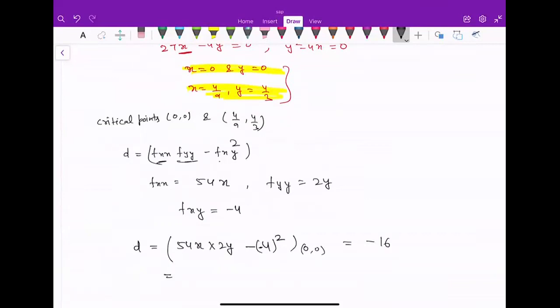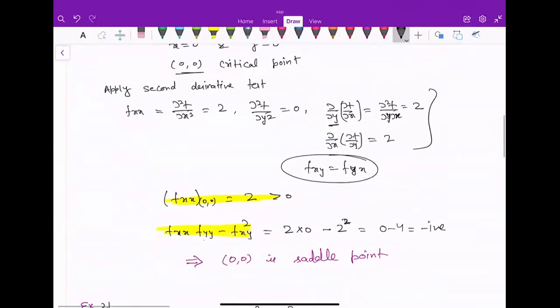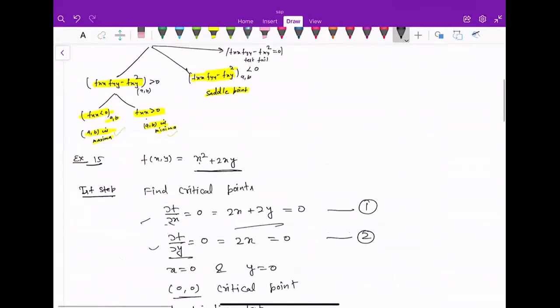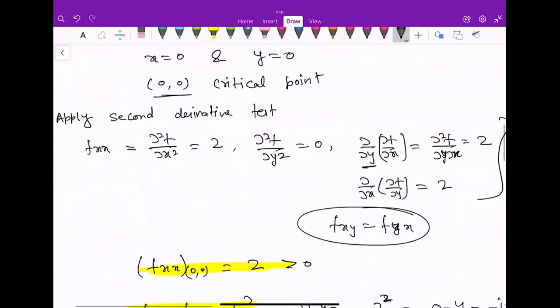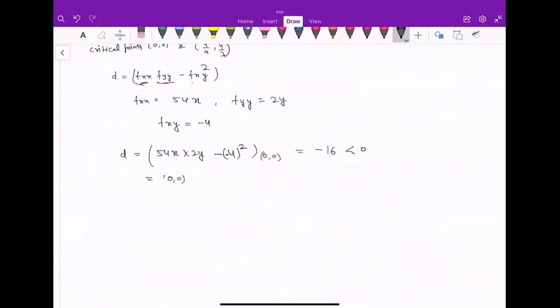Minus 16 at (0,0), which is less than 0. So when the discriminant is less than 0, it is a saddle point. So (0,0) is a saddle point.